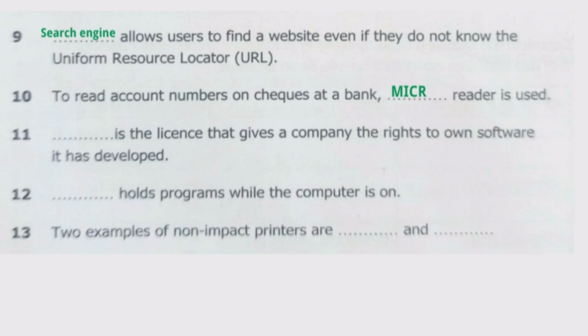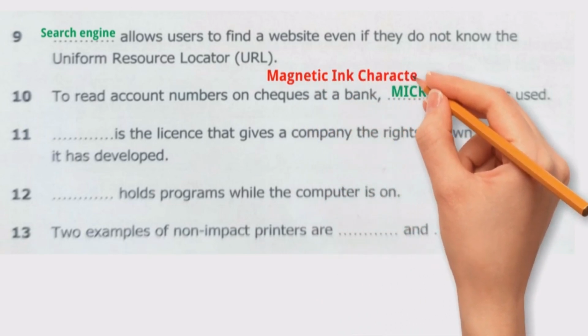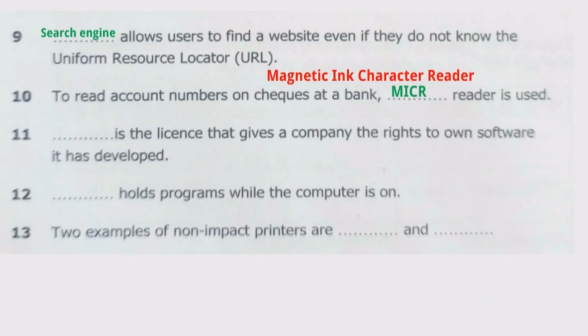Because of space, that's why I've written MICR reader. But the full words of that abbreviation are as follows: magnetic ink character reader. So basically, if you write MICR and someone writes magnetic ink character reader, both answers will be accepted.